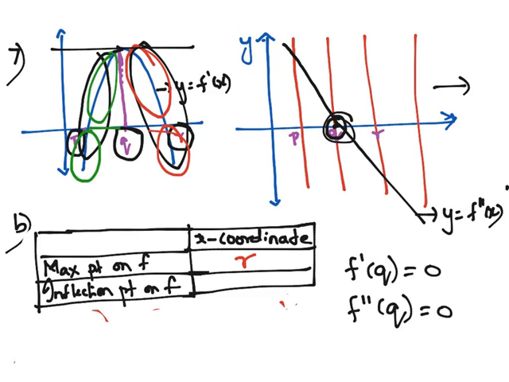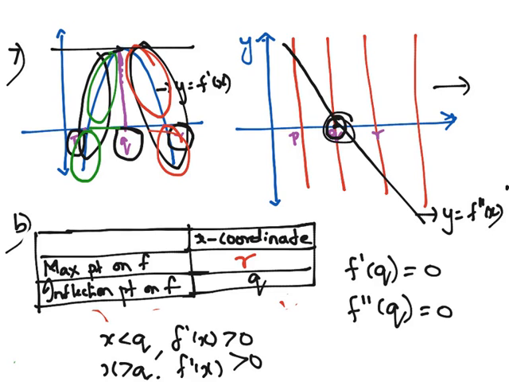Now for q to be a point of inflection, the sign of the first derivative should be the same before and after q. That is true here, isn't it? When x is less than q, f dash of x is positive because the curve lies above the x-axis, and when x is more than q, again f dash of x is positive.